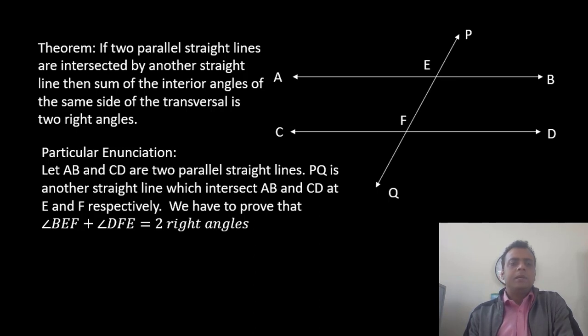Let AB and CD be two parallel straight lines. PQ is another straight line which intersects AB and CD at E and F respectively. We have to prove that angle BEF plus angle DFE is equal to two right angles.